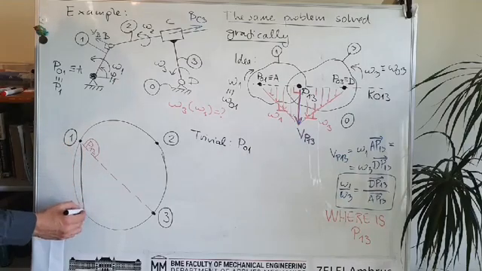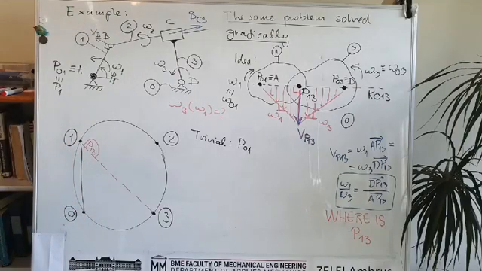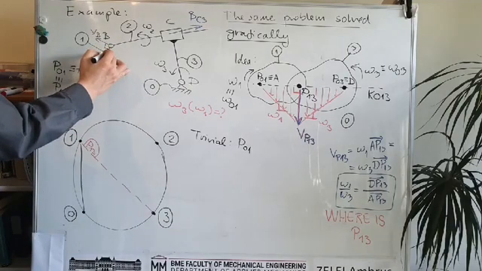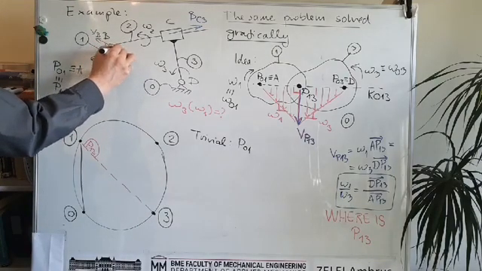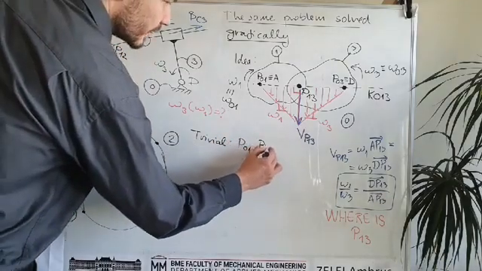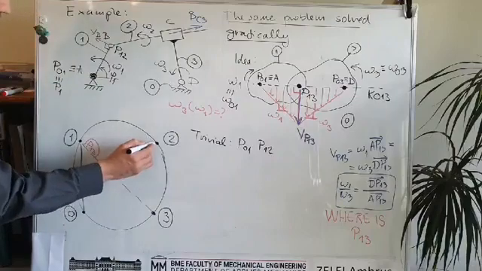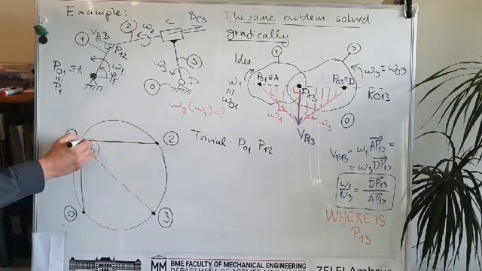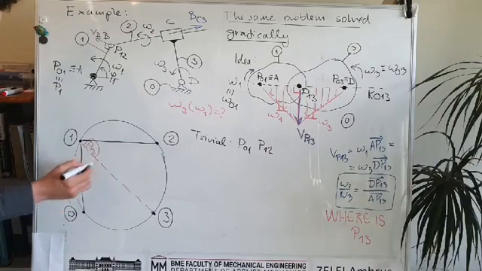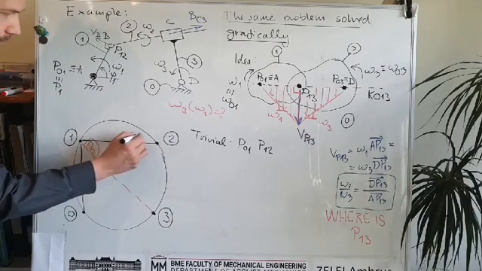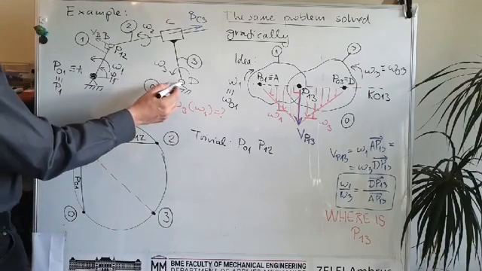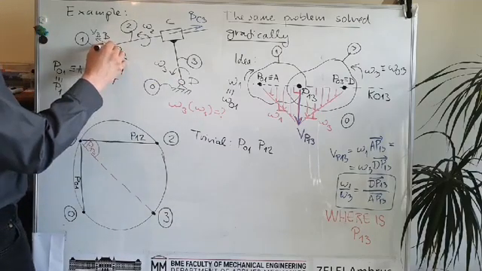P01 is a trivial pole, we can draw it here, and then here rigid body number 1 and 2 are connected, so this is P12. It is also trivial because there is a joint, a rotational joint, so it is very easy to say that this is P12. Okay, it was P01, this is P12, and the last one is here, what we can say easily.